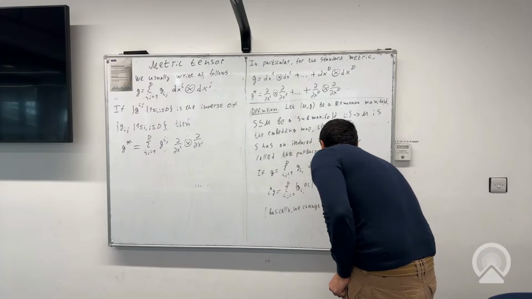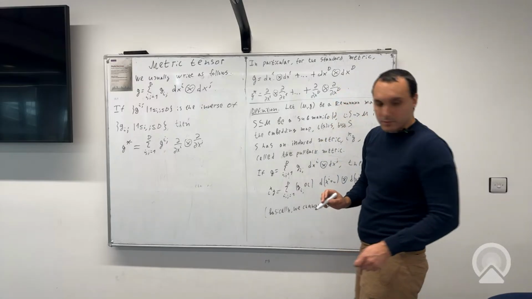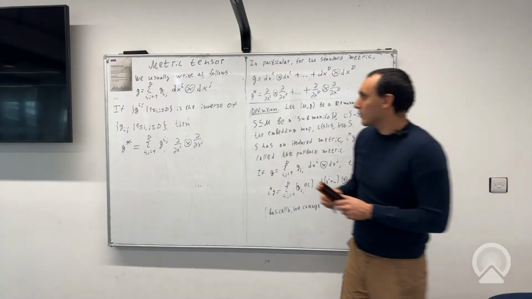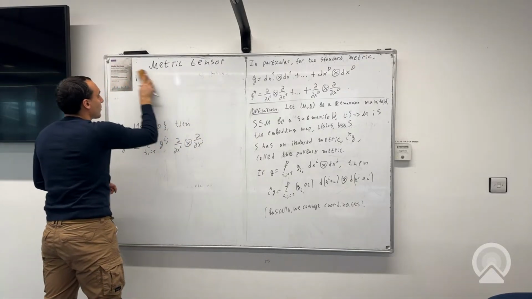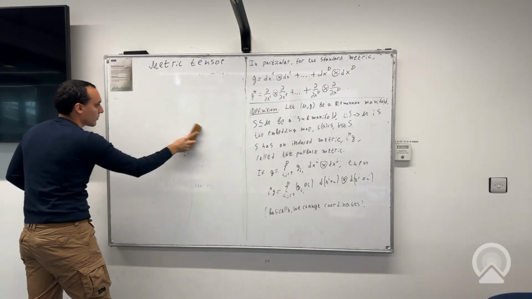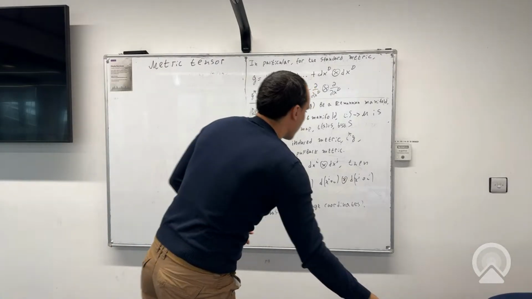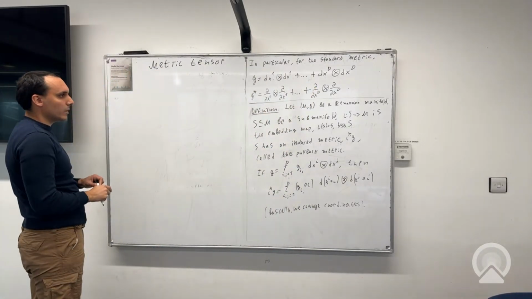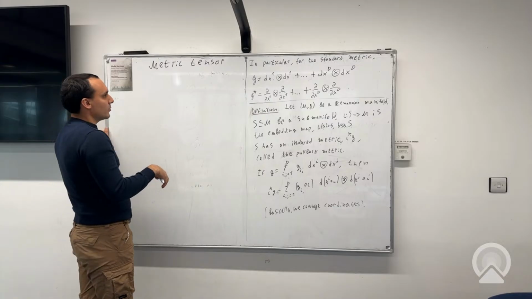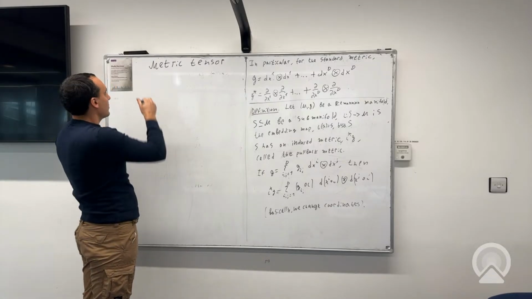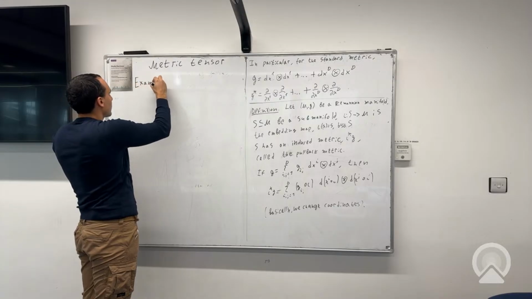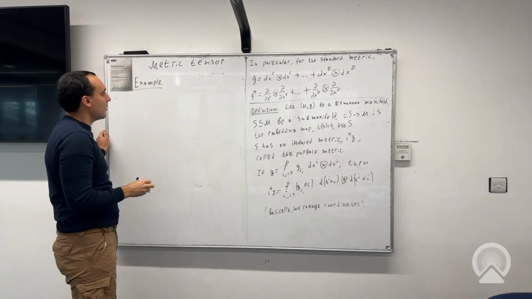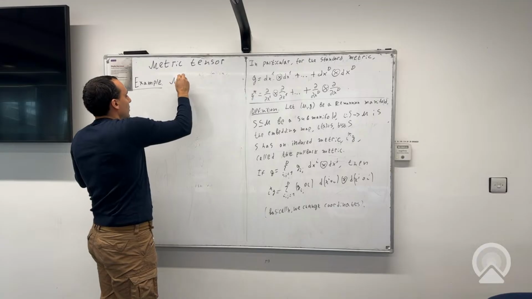I will show an example now, because we have too many abstract definitions for now. M is the closed ball in 3D.